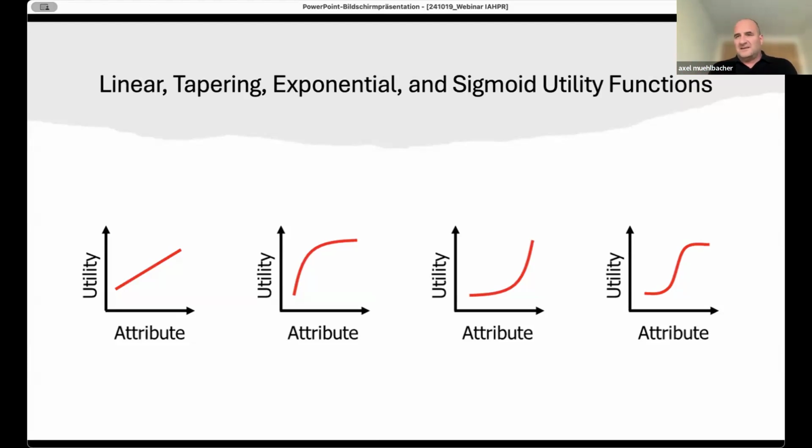But this often doesn't reflect reality, because we have exponential dependencies of an attribute to utility. We might have sigmoid or tapering.